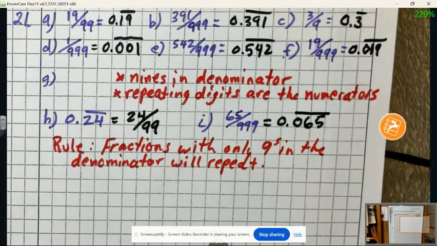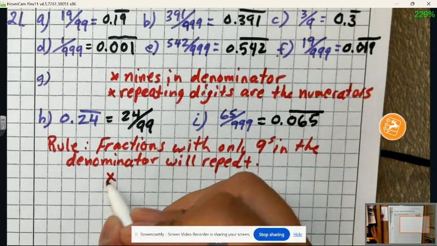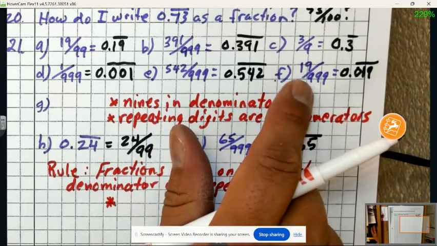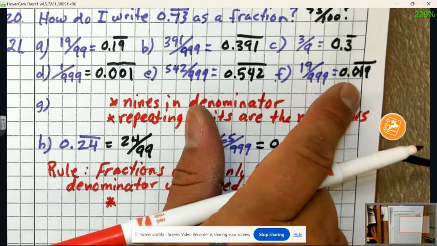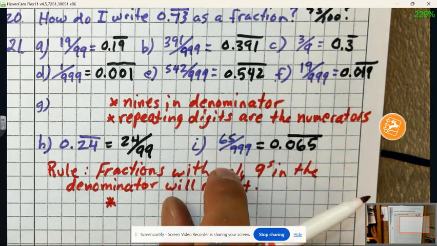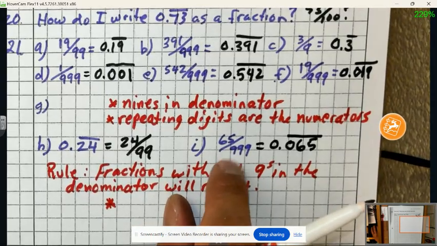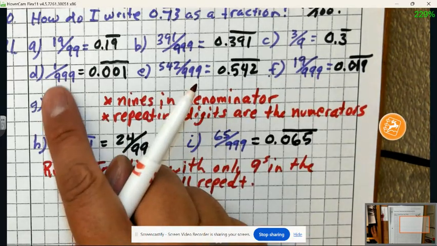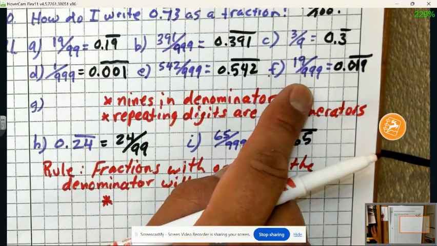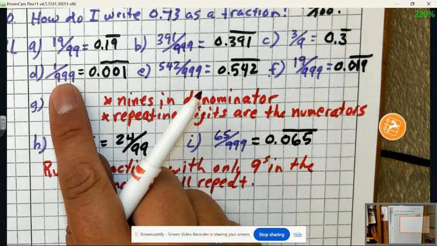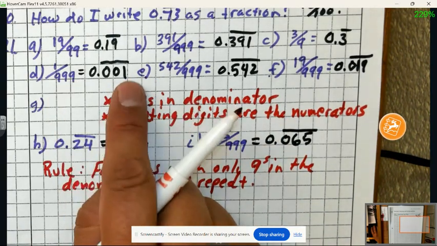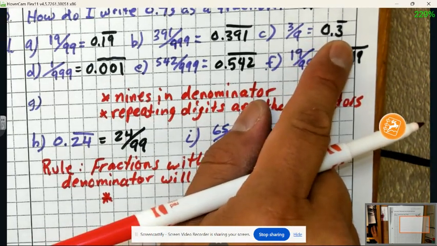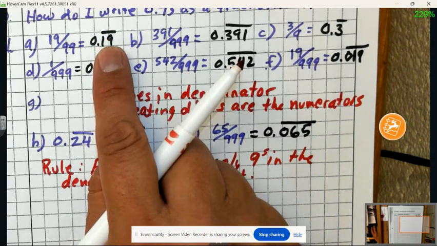But there's a couple of things that we needed to pay attention to. And first is one of those guidelines. Okay, so these 9s, these repeat, but what are the things that we had to remember in order to get that decimal from that fraction? And it has to do something with the number of the 9s. What does the number of 9s tell us in the denominator? And you should have thought or said the number of 9s tells us how many digits repeat. 3 9s, 3 repeating digits. 1 9, 1 repeating digit. 2 9s, 2 repeating digits.